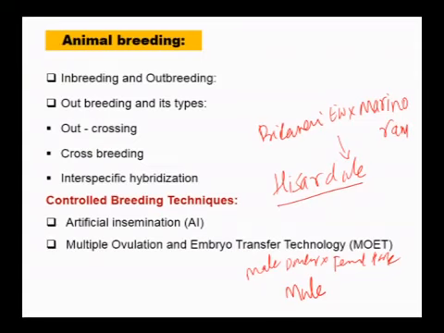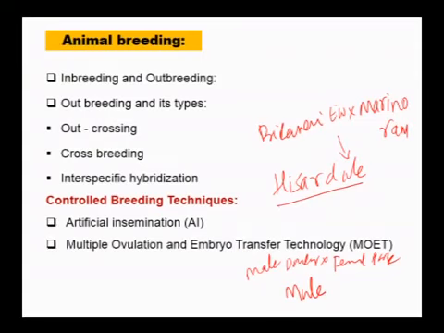Multiple ovulation and embryo transfer technology involves production of more eggs per ovulation by giving hormonal treatment or FSH like activity in superior cattle.